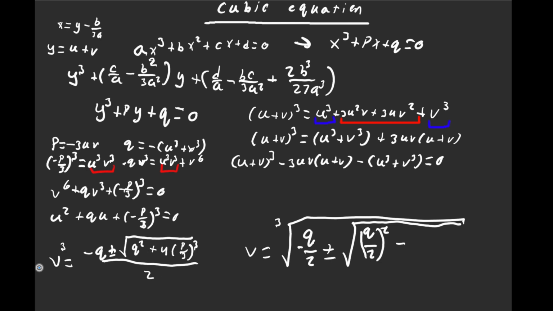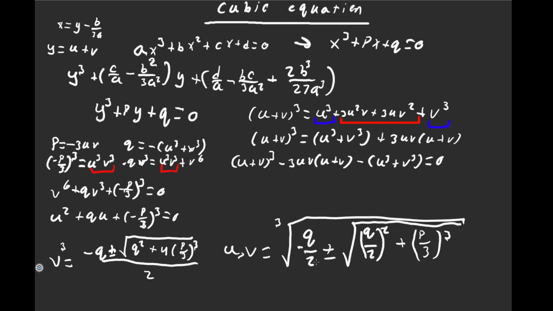It's going to be 4, which cancels out the 4 and the 4, so we end up getting q over 4, which we could write as q over 2 squared, because that's the same thing as q squared divided by 4. Now we also get plus p over 3 cubed, which is the formula for v, and also u, because if we were to do u now, we would get the same thing.